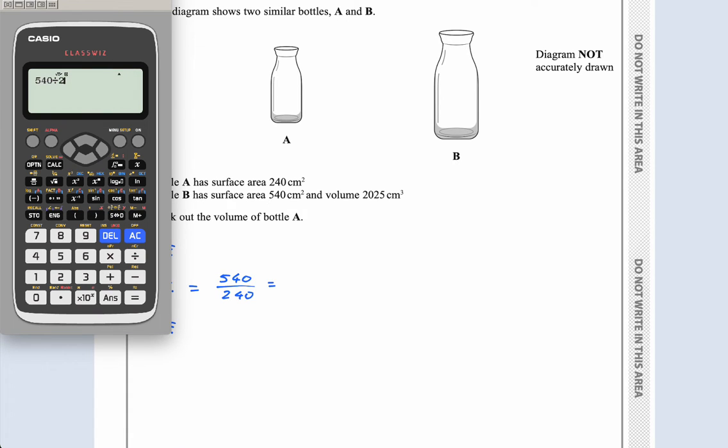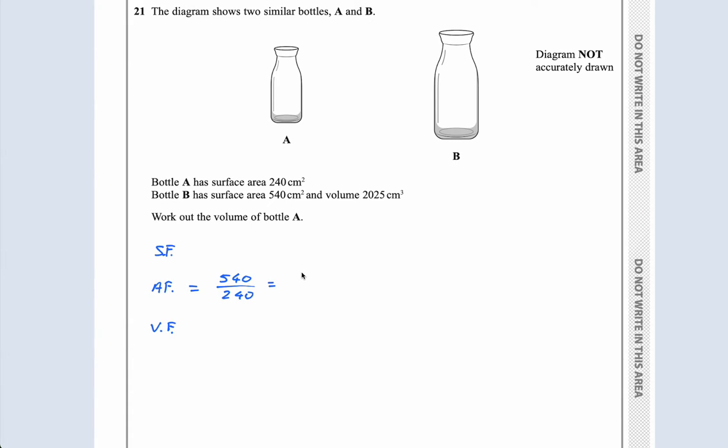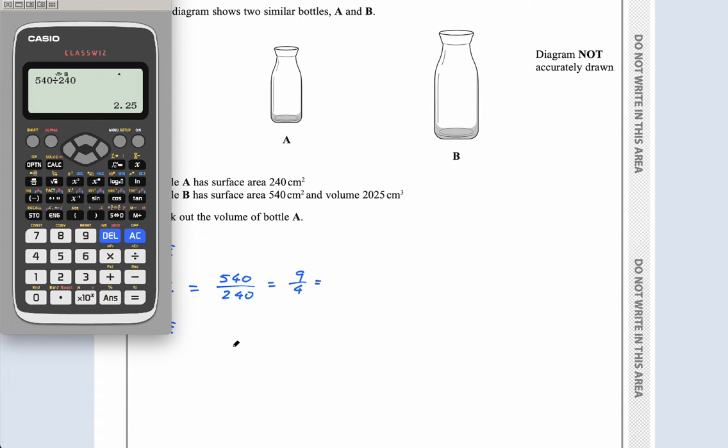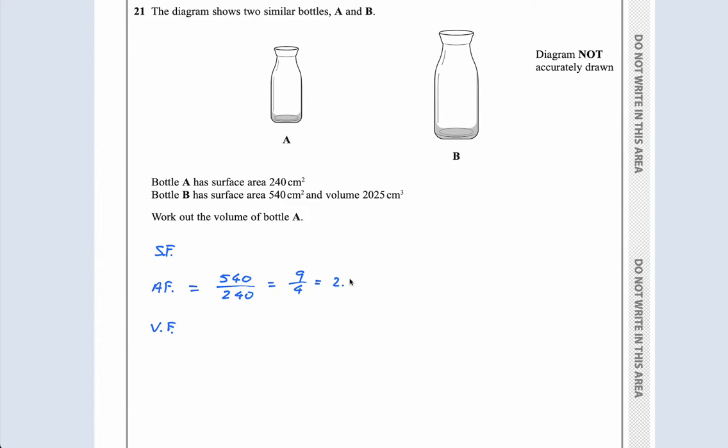540 divided by 240, 9 over 4. So this is 9 over 4, or 2.25. I can't then go from area factor to volume factor. I have to go to scale factor. So the scale factor is the square root of 2.25.